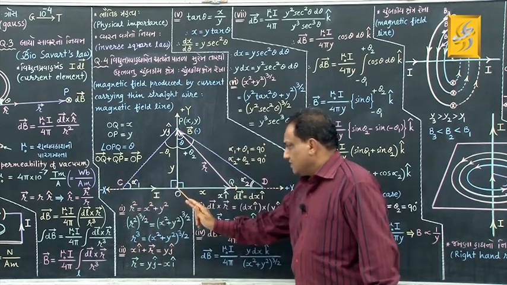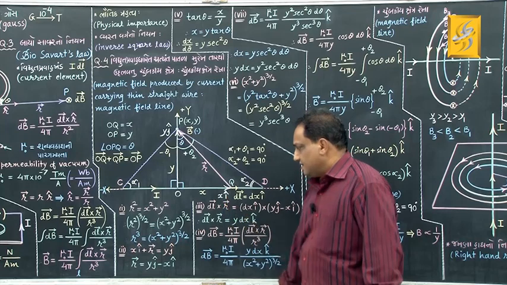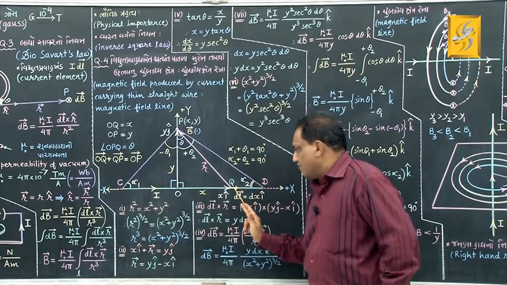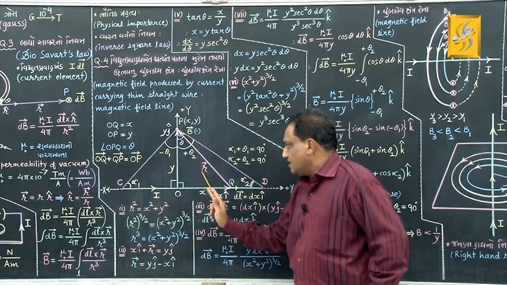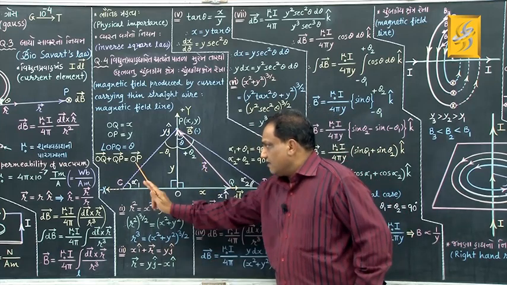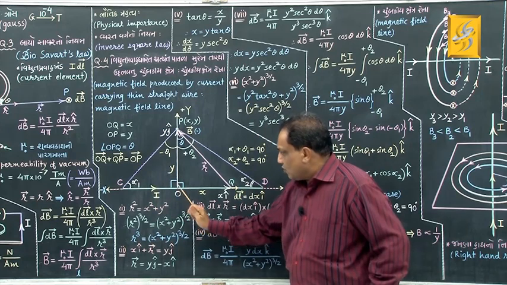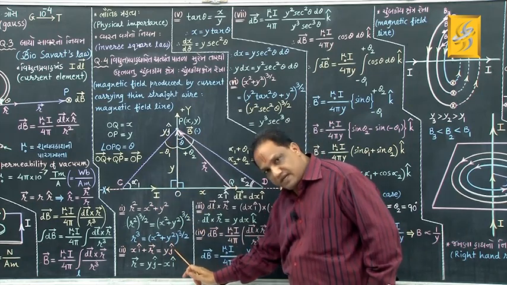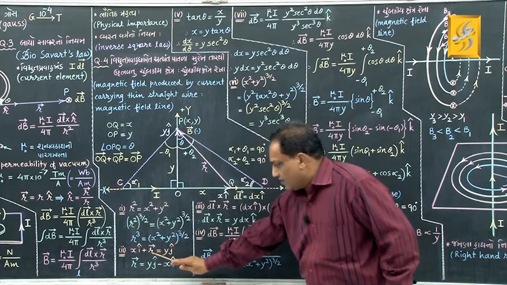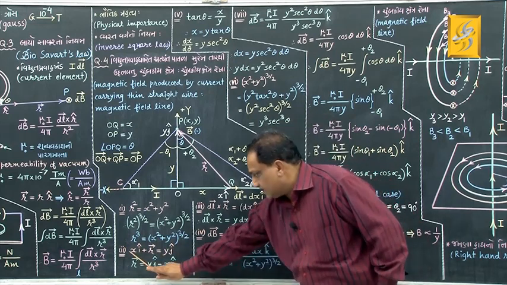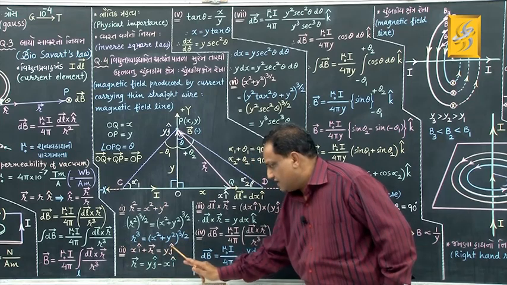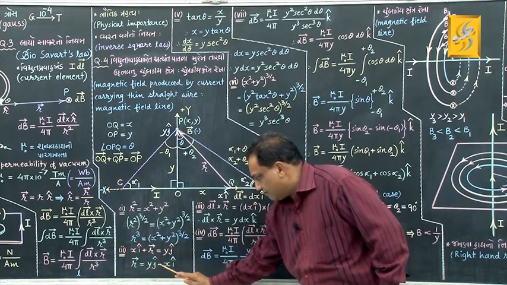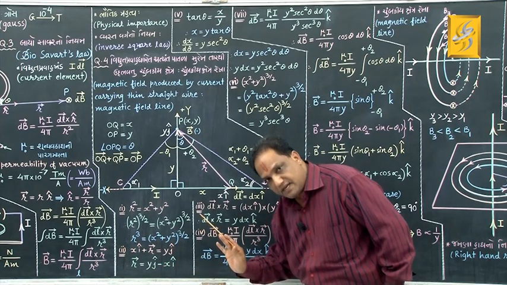Vector OQ is nothing but x i hat, plus vector QP, which is vector r, equals vector OP, which is y j hat. Now, find vector r from here. Transferring terms, it becomes y j hat minus x i hat, correct.